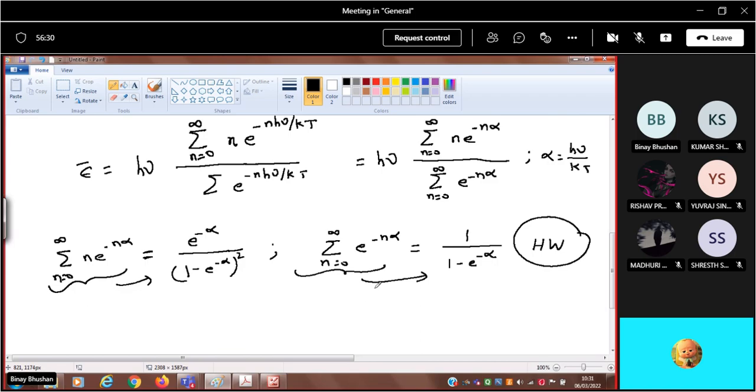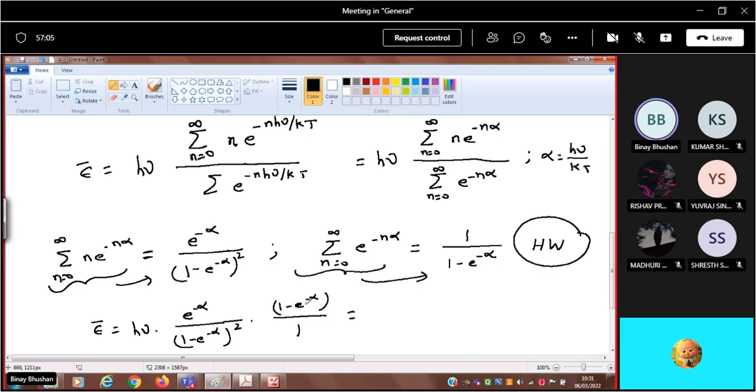Okay, sir. So if I put these two values, then I will get epsilon bar, h nu, right? So the numerator is this, e to the power minus alpha into 1 minus e to the power minus alpha square, and the denominator is 1 by 1 minus e to the power minus alpha.